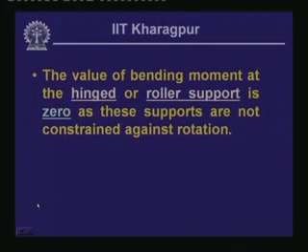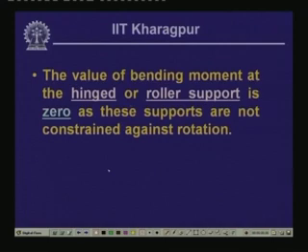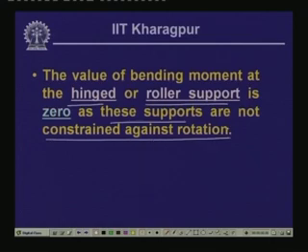So, the values of the bending moment both at the hinge support and at the roller support are 0. This is what is stated over here: the value of bending moment at the hinge or at the roller support is 0, as these supports are not constrained against rotation.